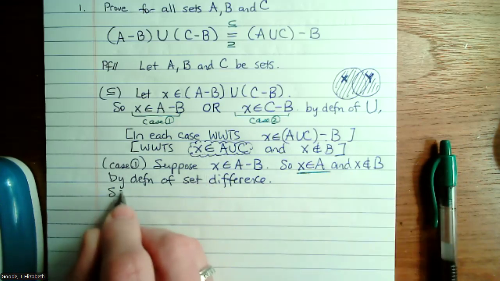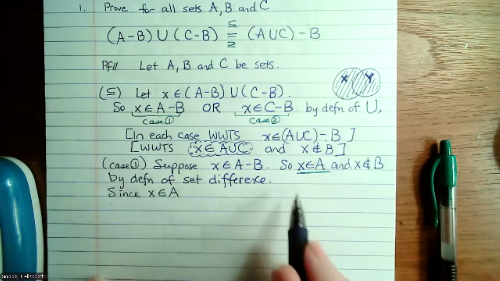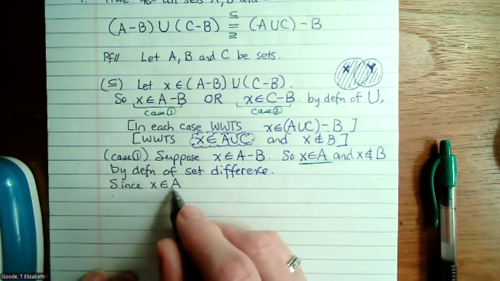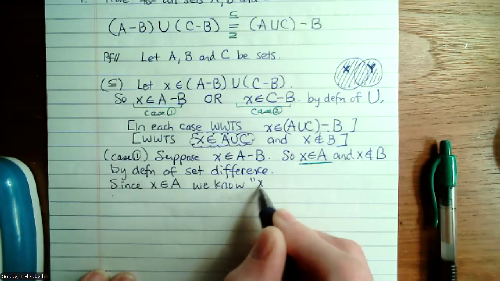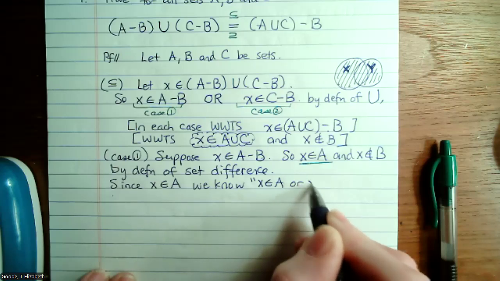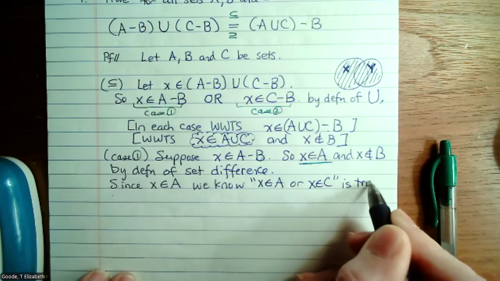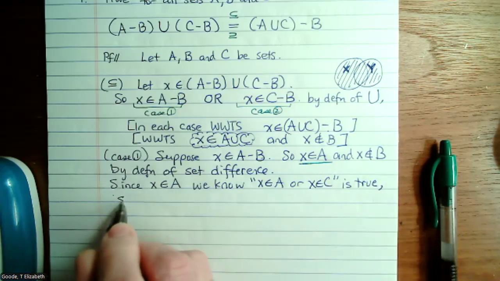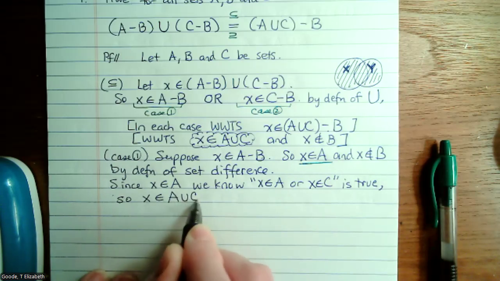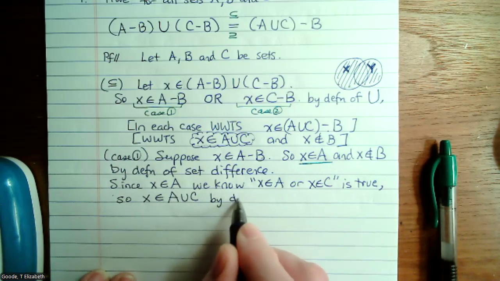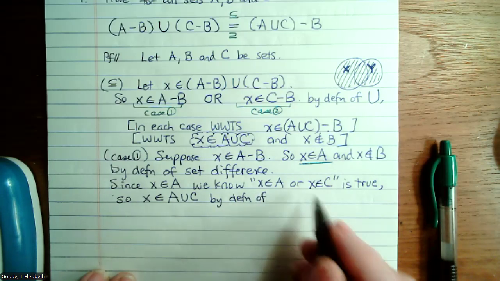Right? So if you need to walk yourself through it, you can say more words. You can say, since X is in A, we know the statement X is in A or X is in C is true. That's just by definition of the or statement. So X is an element of A union C, by definition of union.